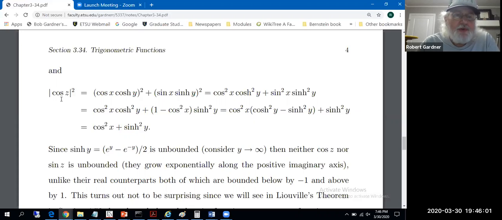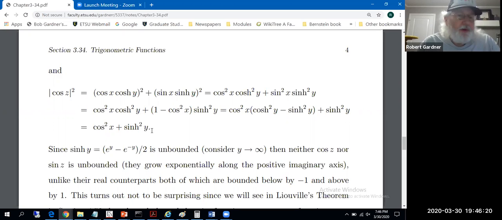So that tells you that the modulus of the cosine z function grows exponentially in a certain direction. That direction is along the imaginary axis. So we can make the modulus of cosine z squared and sine z squared similarly as large as we want.